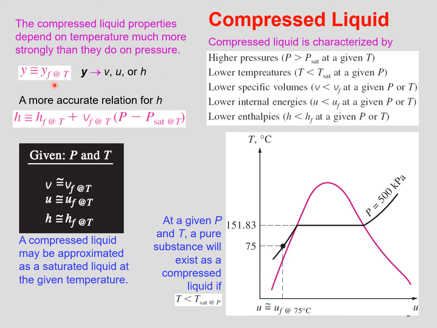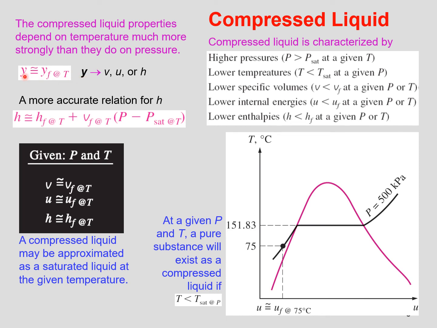Now there's two ways to go here to determine the relations. The one that I like to use actually is this first one here. Any property of a compressed liquid is approximately the saturated liquid values, the f values, at that specific temperature.